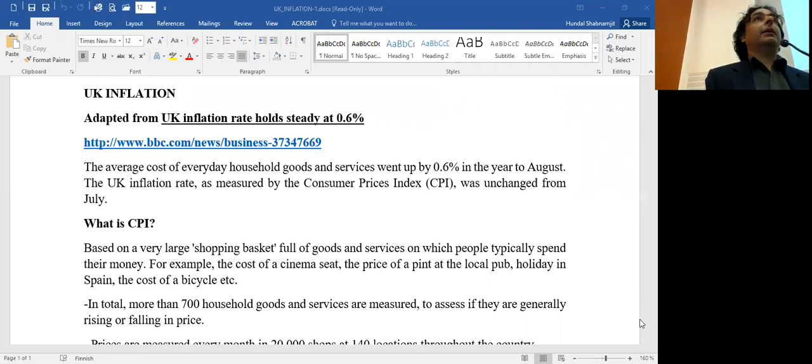But before I go to the inflation discussion, can somebody give me the definition of inflation? What do you call inflation? What is meant by inflation? I can have two hands raised. Could you please? Three, four, well, they're getting five, getting more.